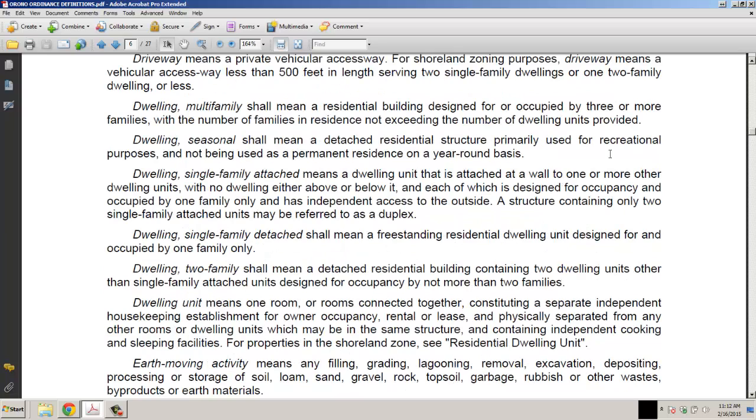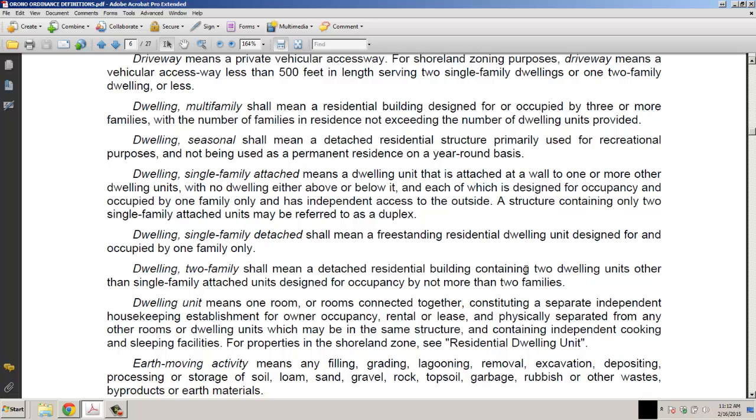A two-family dwelling is a detached, shall mean a freestanding residential dwelling unit designed for and occupied by one family only. That's a single family dwelling. A two-family dwelling shall mean a detached residential building containing 2 dwelling units other than single family attached units designed for occupancy by more than 2 families.